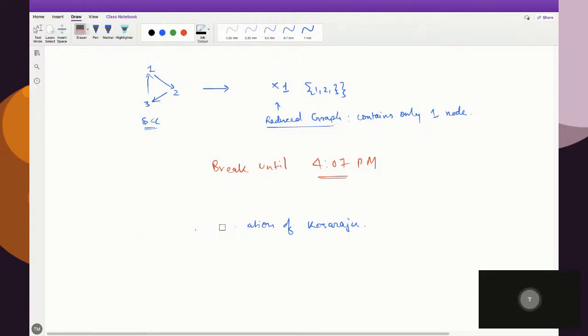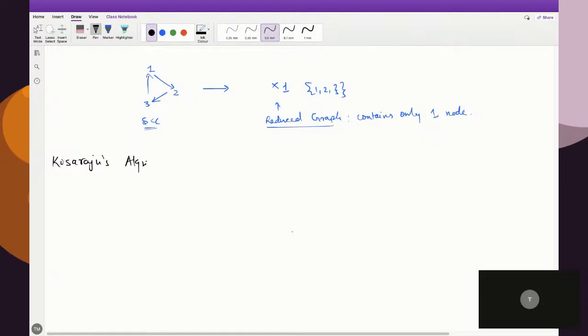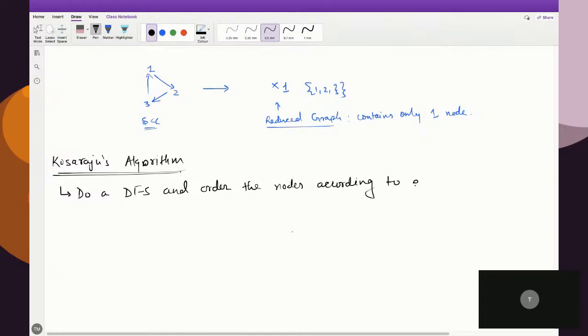Now first I will describe the algorithm, then we will see why it works. According to exit time.